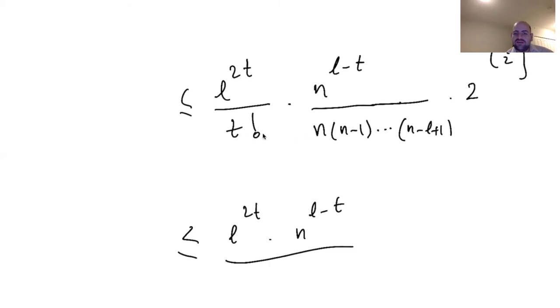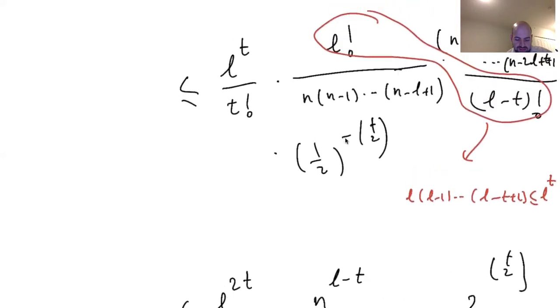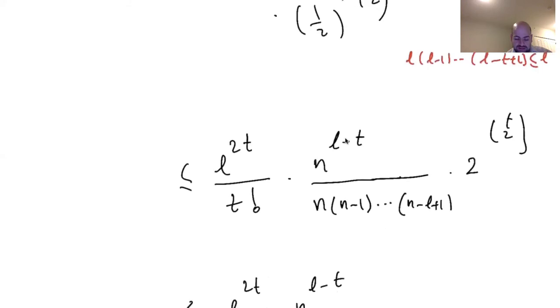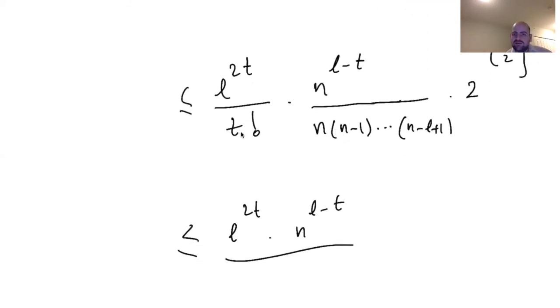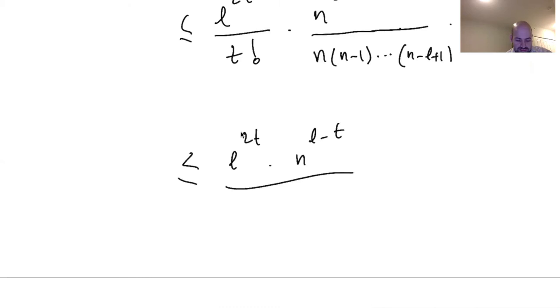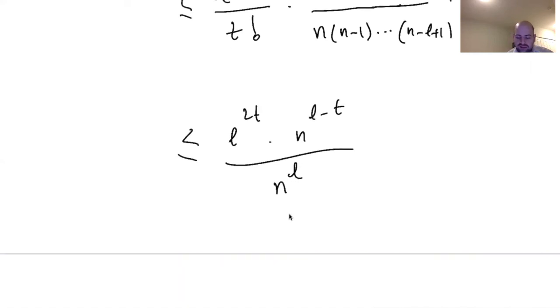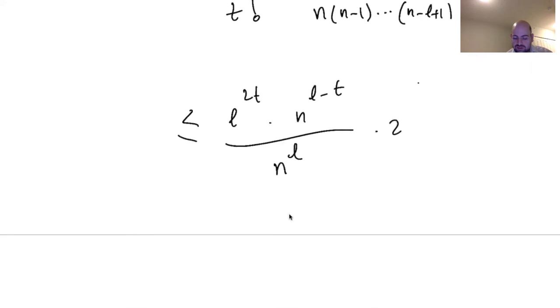And then this one is of order n to the power L. This is of order n to the power L, and then times t factorial is at least of order 2 n to the power L. So it's going to be bigger than or equal to n to the power L. So for large enough n, this is at least n to the power L times 2, which is bigger than n to the power L. But it's in the denominator, so I have to say this is less than the numerator divided by n to the power L, and 2 to the power t choose 2 is less than 2 to the power t squared over 2.